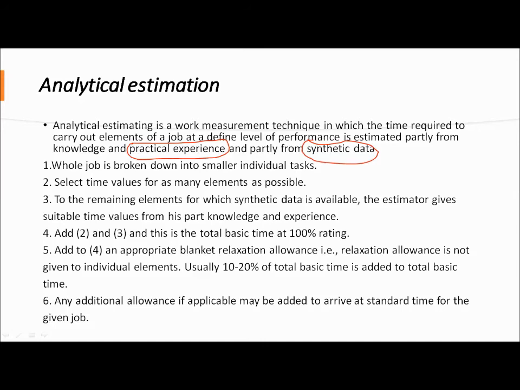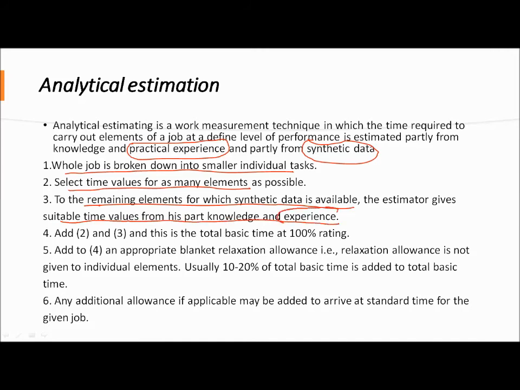So the steps which you do are as follows. The first step, the whole job is broken down into smaller and individual tasks, and after that certain time values are given to these tasks. For the remaining elements for which synthetic data is available, the estimator gives suitable time values from his part knowledge and experience.